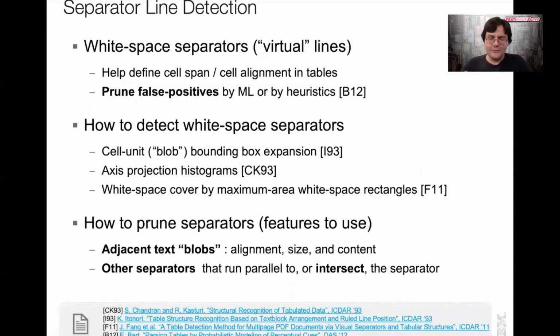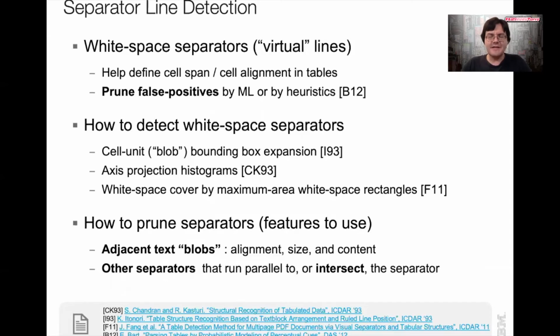So in addition to ruling lines, in that case, white space lines are also critical. A way to detect white space lines typically is to generate all possible white space lines and then use some filtering condition to only identify the subset that matters for table extraction. In order to score white space lines, you will have to use some features.